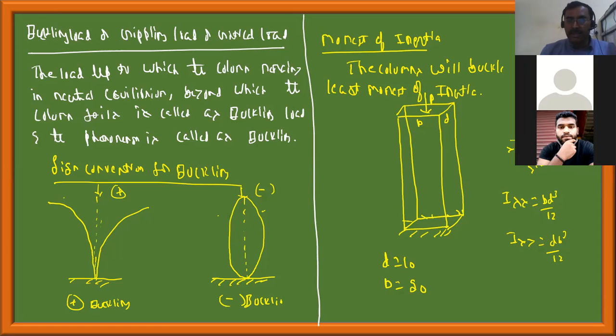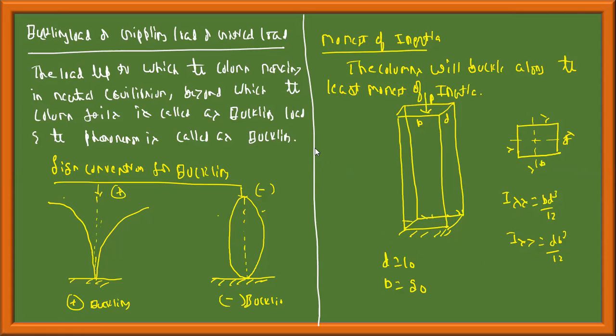In this case, it is BD cube by 12. Since D is lesser, this is I about y. Therefore, this has to be BD cube by 12, buckling happening along the y-axis.